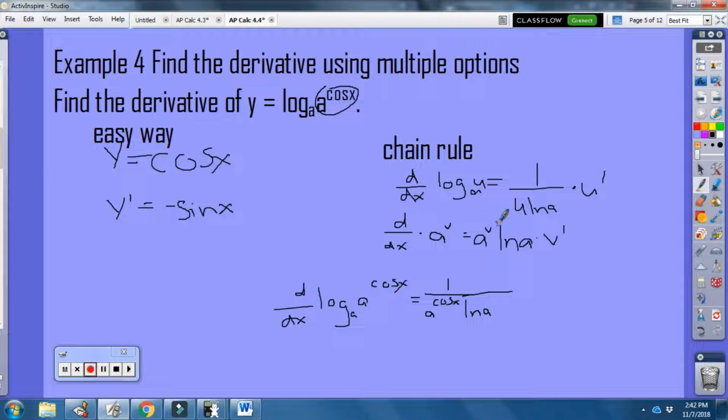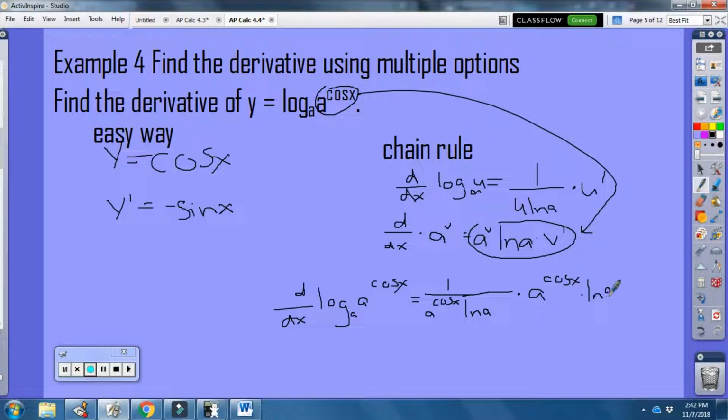U prime will be this derivative here, the derivative of a to the u. So that is going to be this right here. It will be times a to the v. In this case, v is cosine of x, times natural log of a, times v prime. The derivative of v is negative sine.